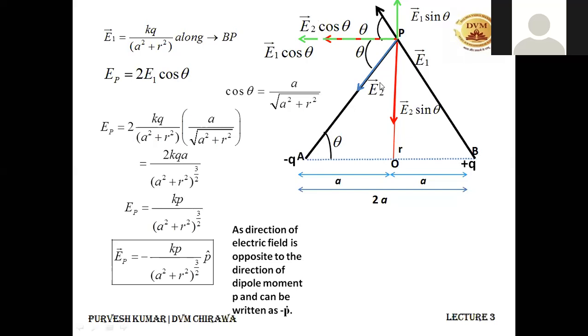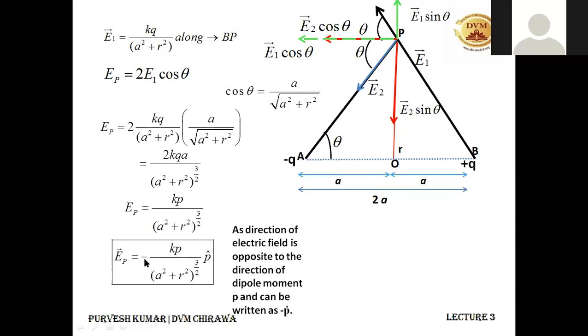See this thing. So the direction is away from P towards the left. So that's why this can be written as minus P cap. If it is in this direction, it could be written as P cap. But now it is opposite to the direction of dipole moment. That's why I have written it as minus P cap.